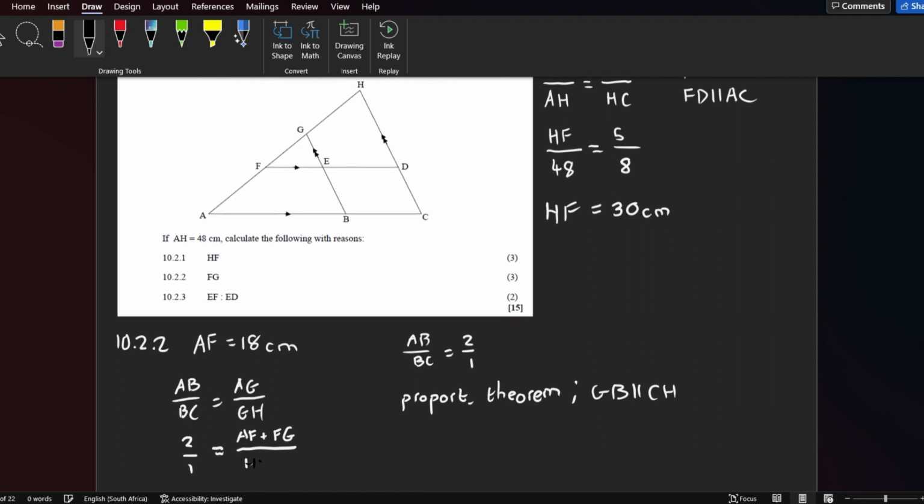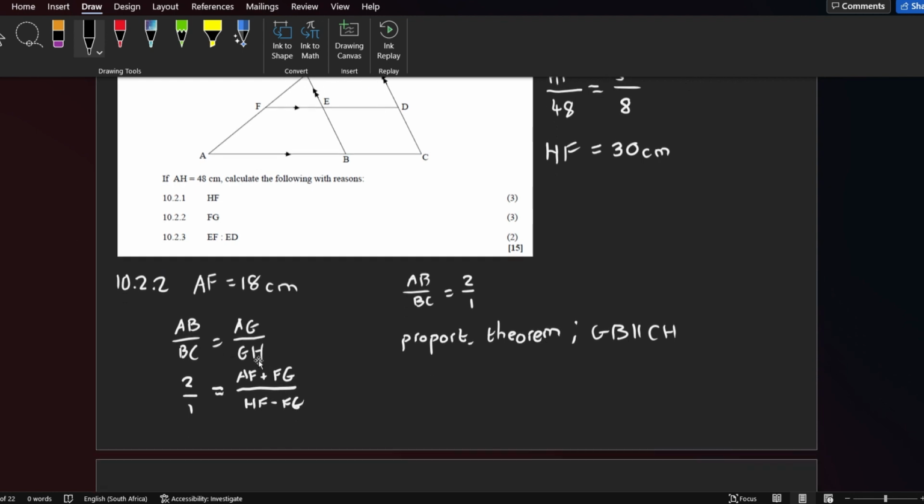We can substitute those two lengths since we have the values, and our only unknown will be FG. So 2 divided by 1 equals AF, which was 18, plus FG, divided by 30, which was HF, minus FG. And when making FG the subject of our formula, we get FG to be 14 centimeters.